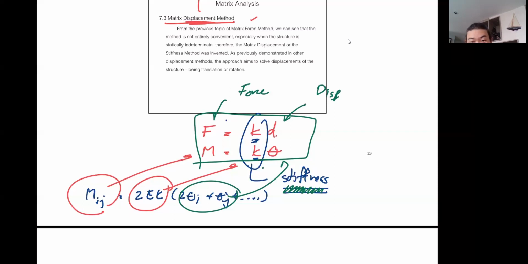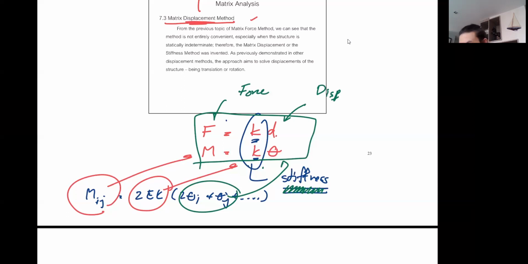And this is the secret of all the computer programs, the ETABS, and whatever else that you will use in the future. So we are going to start learning from the beginning how the matrix could be developed to solve the structure.